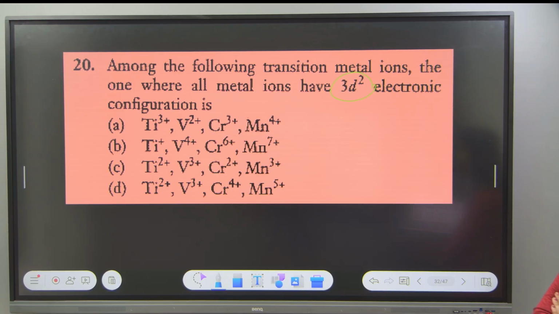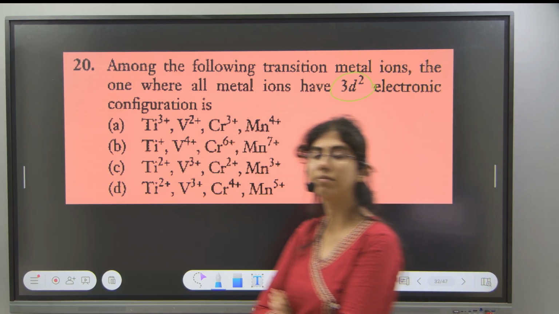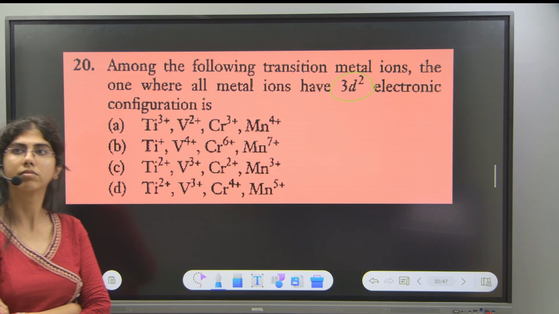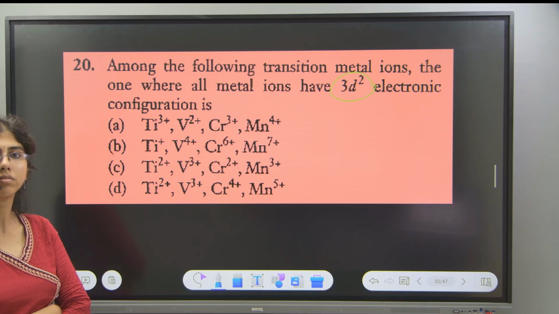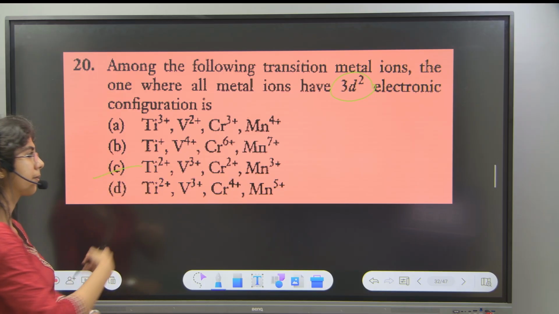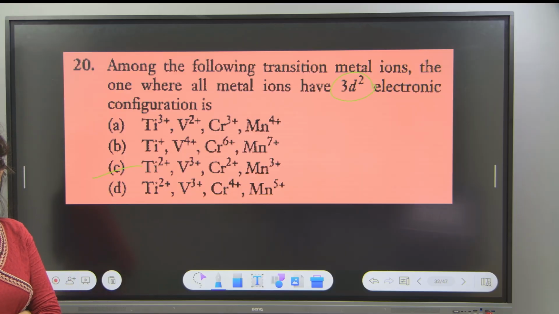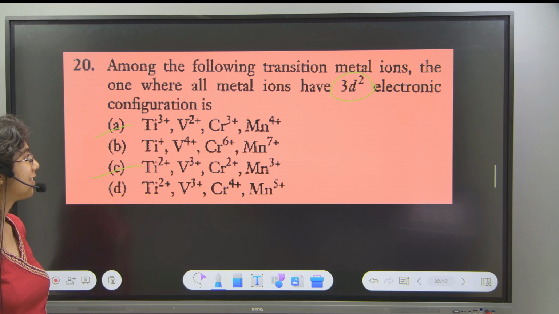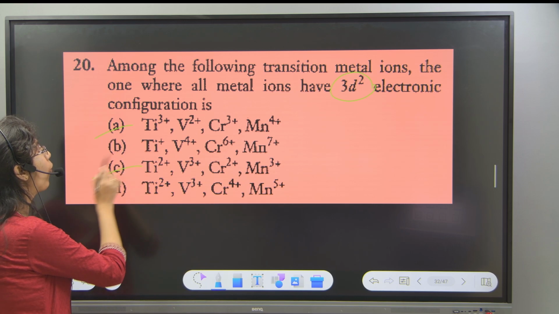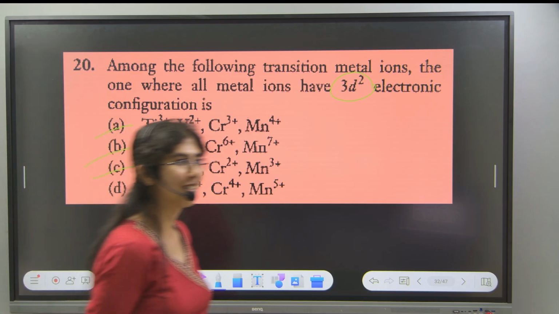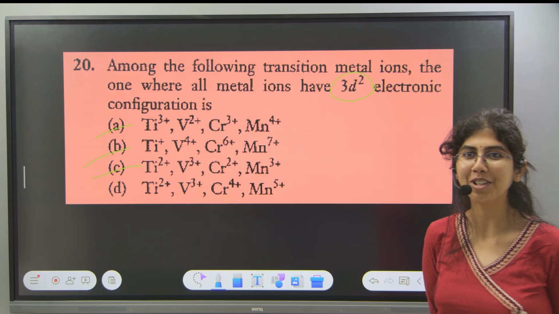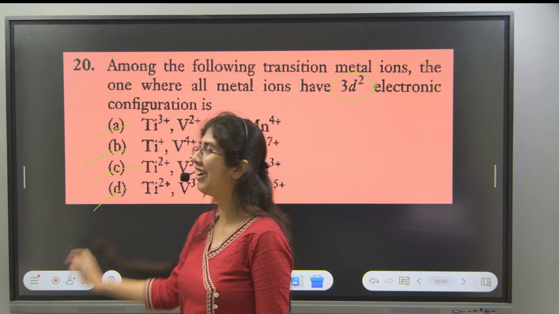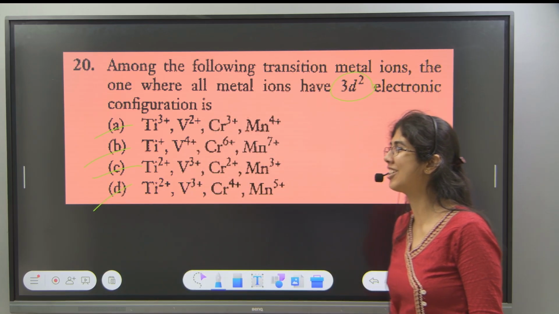Option C. Option B. A. Second option. So many different answers. Is anybody going with option D?